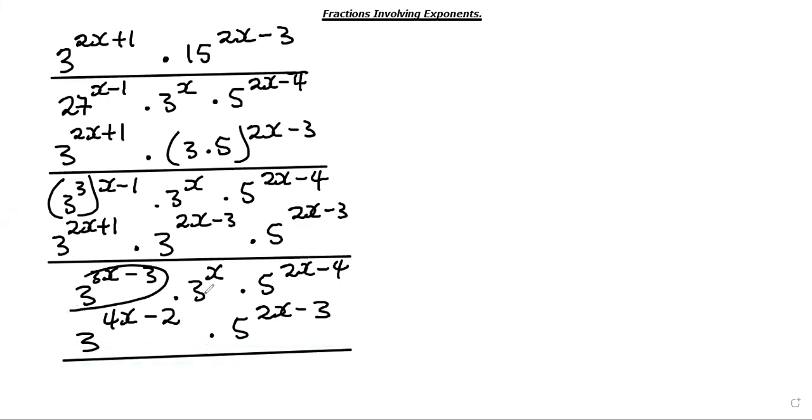Now, even here, you apply the first law of exponents. When multiplying powers of the same basis, we add the exponents. So 3x plus x will just be 4x. And then you say minus 3. Then you still say times 5 to the 2x minus 4.